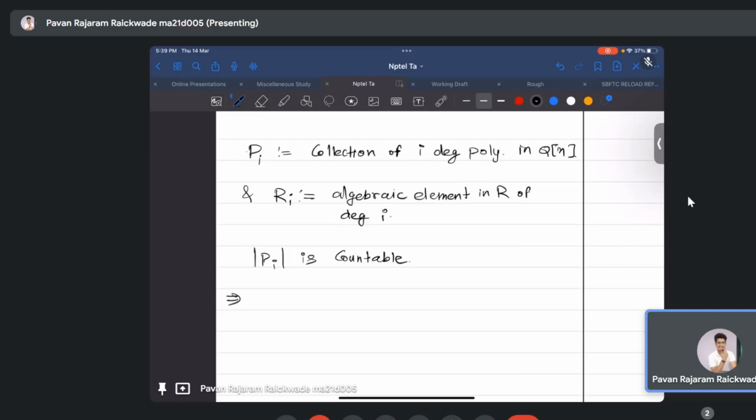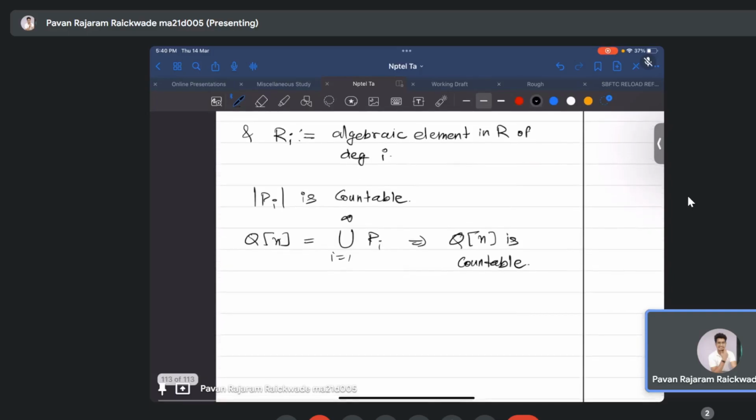This implies that Q[x] is the union of the P_i's, i going from 1 to infinity, so Q[x] itself is countable. The set of all polynomials with rational coefficients is itself countable.